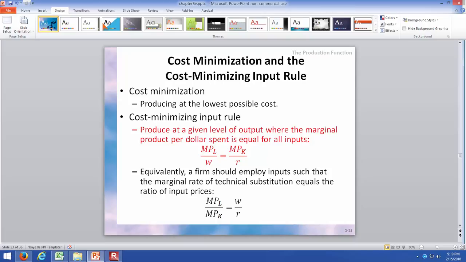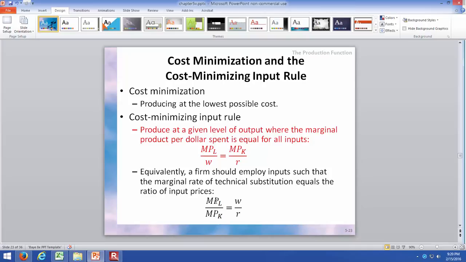So the marginal product per dollar spent is equal for all inputs, and the two inputs here are labor and capital. Equivalently, a firm should employ inputs such that the marginal rate of technical substitution equals the ratio of input prices.